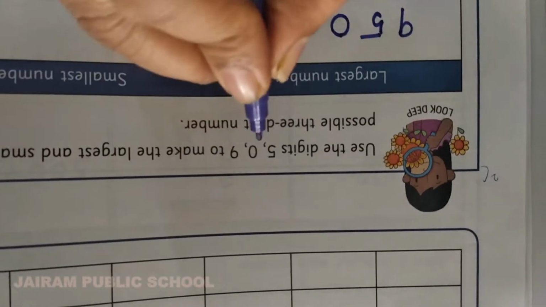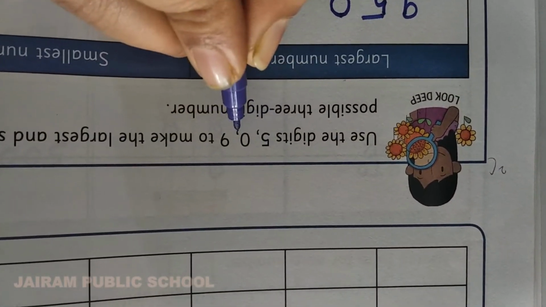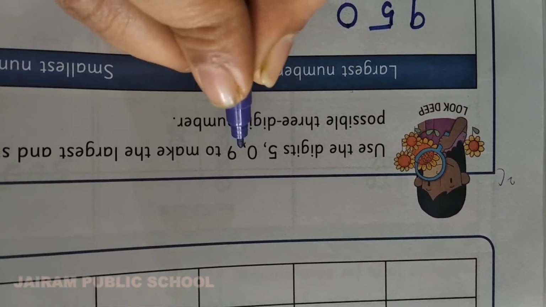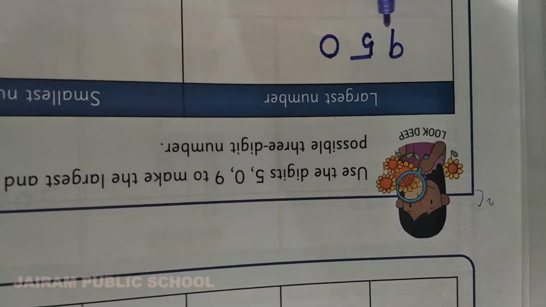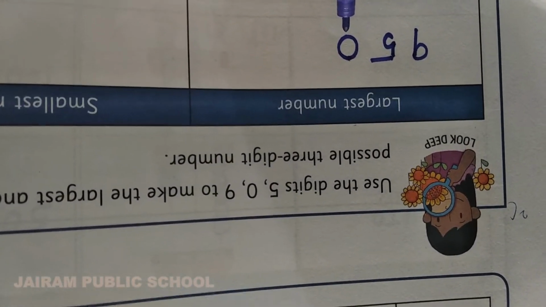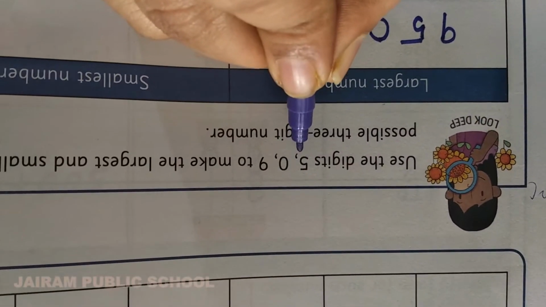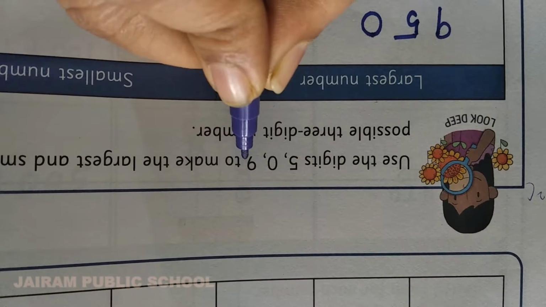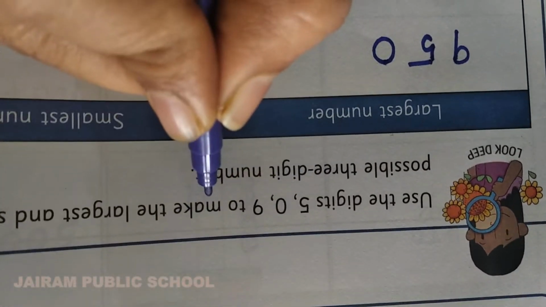See here, Kanna. In the question, they have given commas for these digits. While writing the largest number, you should not put commas. Once again I will repeat. In the question, they have given the commas. See, 5, 0, 9 like that they have given here.